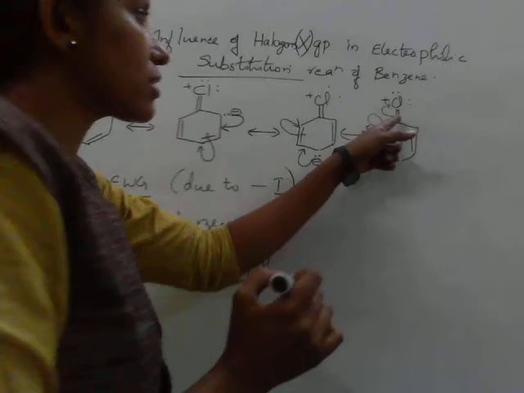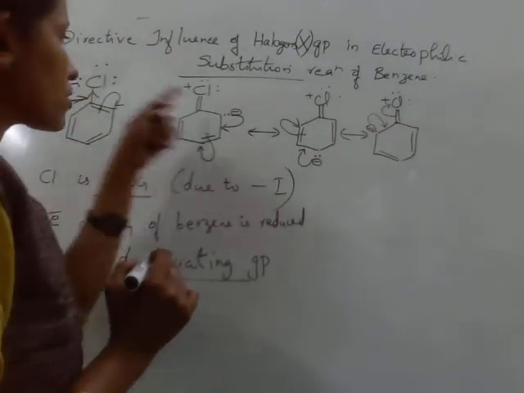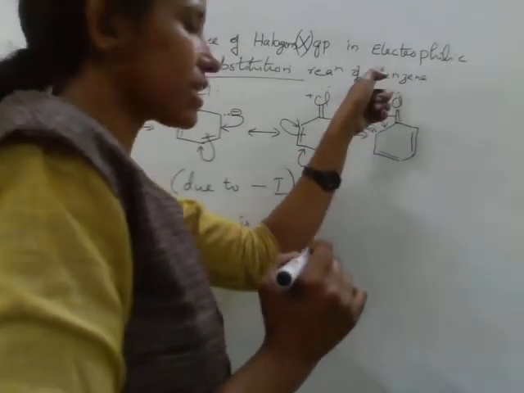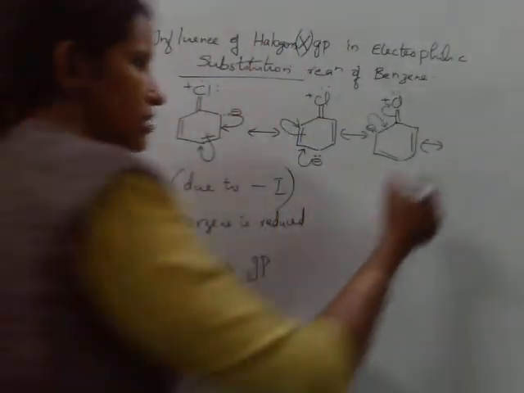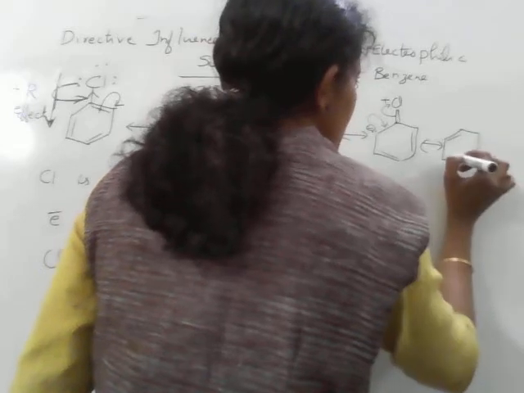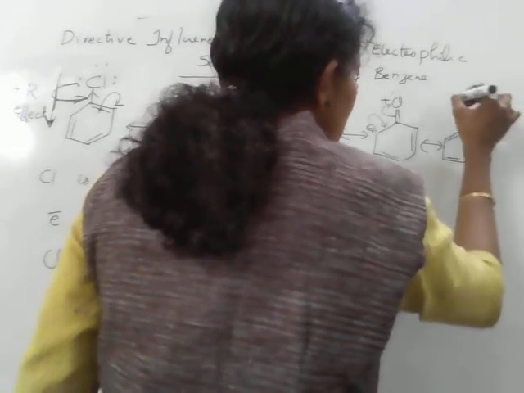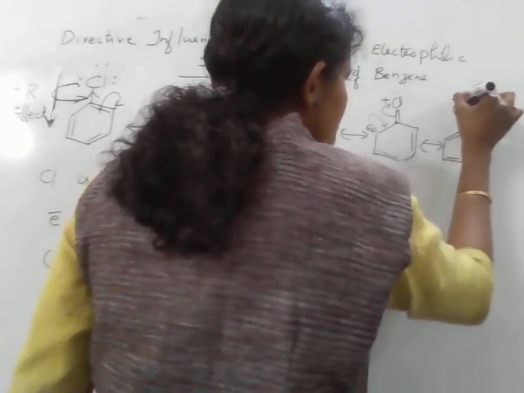That is, the pair of electrons which was originally present in the chlorine atom, through conjugation with this benzene ring, is now going back towards chlorine itself. Means we get one more resonating structure in which here is the new pi bond, the other two pi bonds remain there. This double bond becomes single bond. Chlorine gets its lone pair of electrons back. So the charge is neutralized. No charge on chlorine now.